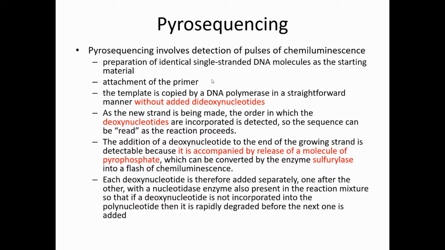The enzyme reaction then produces chemiluminescence, so that the machine will detect the chemiluminescence and determine that a particular nucleotide is added to the sequence. That's the principle for pyrosequencing.